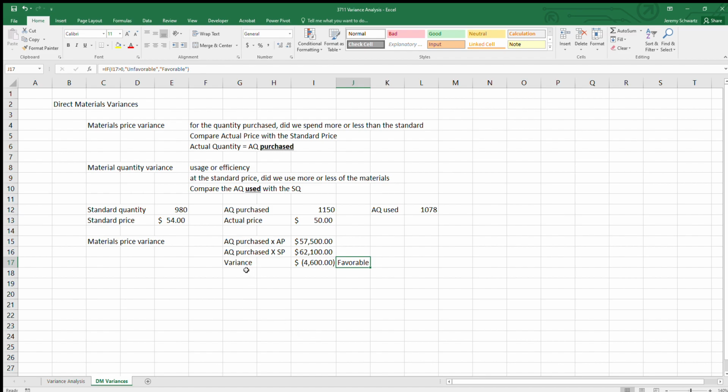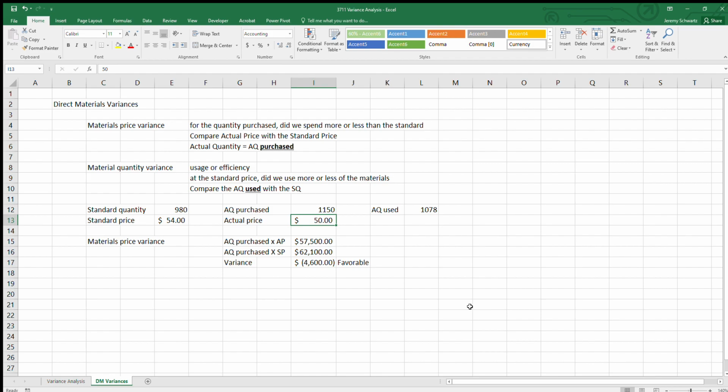Now, let's keep in mind what favorable might mean in these circumstances. What does it mean that the price of materials is lower than what we thought it would be? Well, what might come to mind is that we might be using different material. There's a reason why we thought the $54 material was going to be of higher quality, and in fact, that might be a concern, that if we got something for a lower price, it's odd.